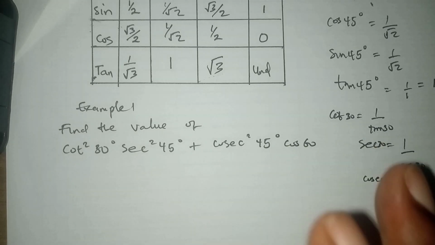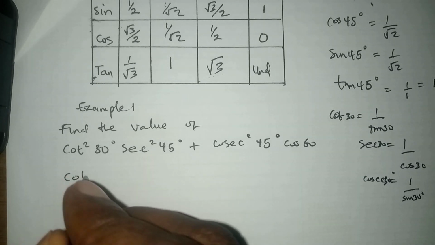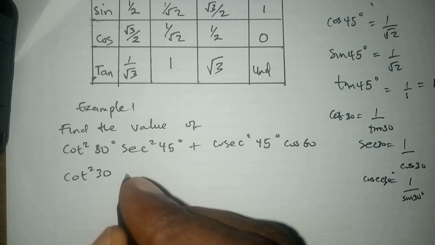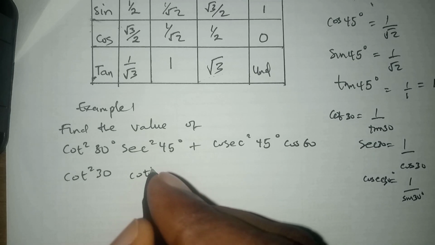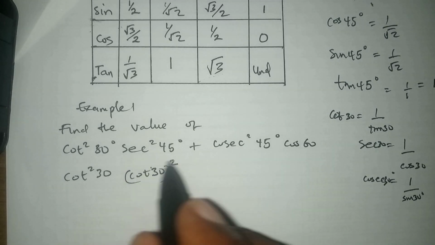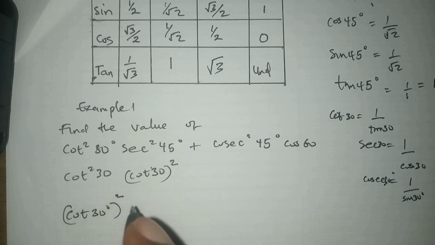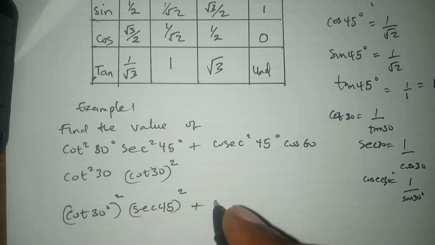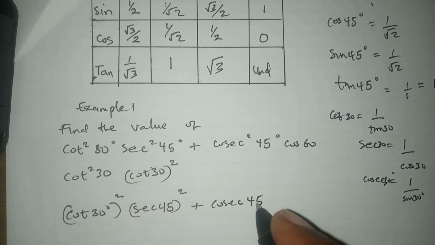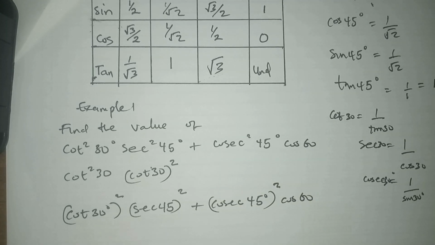Now let's take this back to the question. Don't forget, cot squared 30 is the same thing as cot 30 then whole squared. The same thing follows for sec and cosec. So this is cot 30 degrees squared, sec 45 degrees squared plus cosec 45 degrees squared, cos 60.